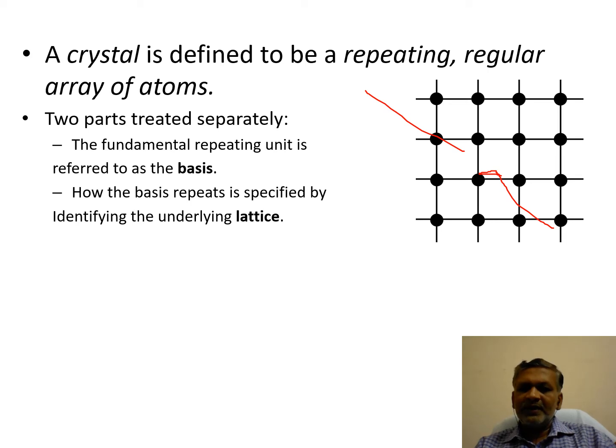The points are arranged in a perfect, regular, periodic manner. Such an arrangement of points in space in a periodic, regular, systematic manner is called a lattice or space lattice.